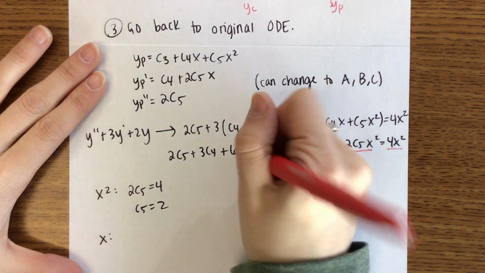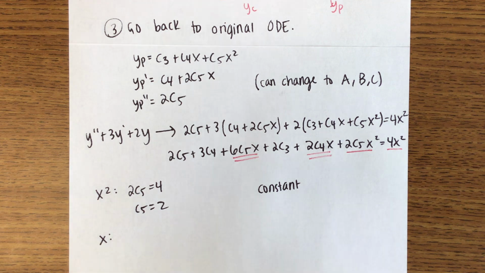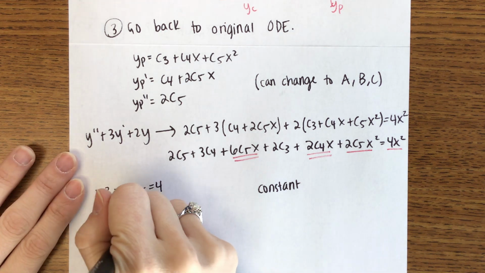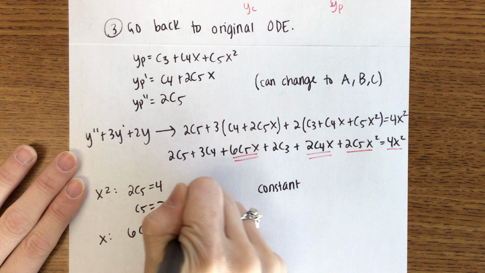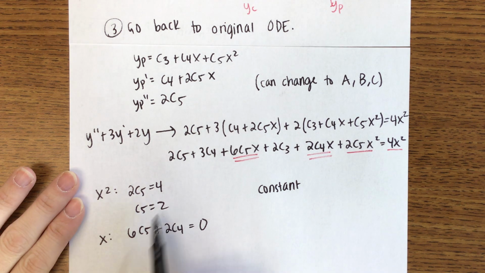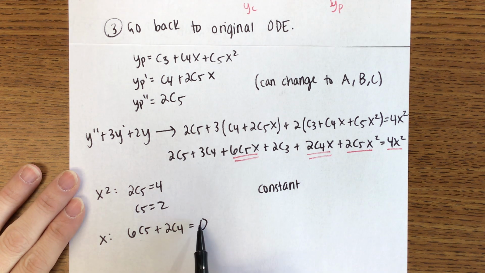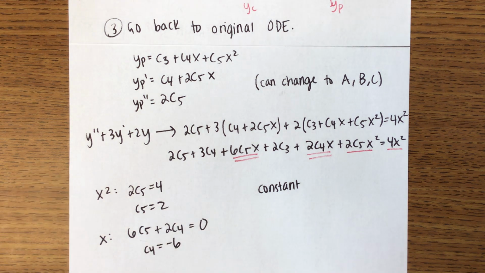If I look at all the terms that have an x, I get this one and this one. So we have 6c5 plus 2c4 equals 0. Our c5 is 2, so 12, move that over, get negative 12 divided by 2. We get c4 is equal to negative 6.